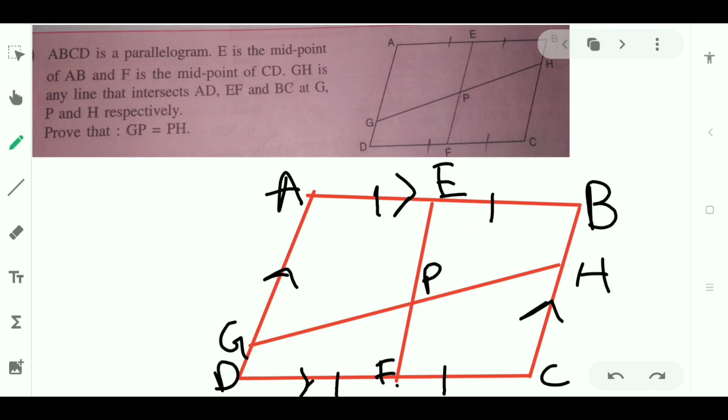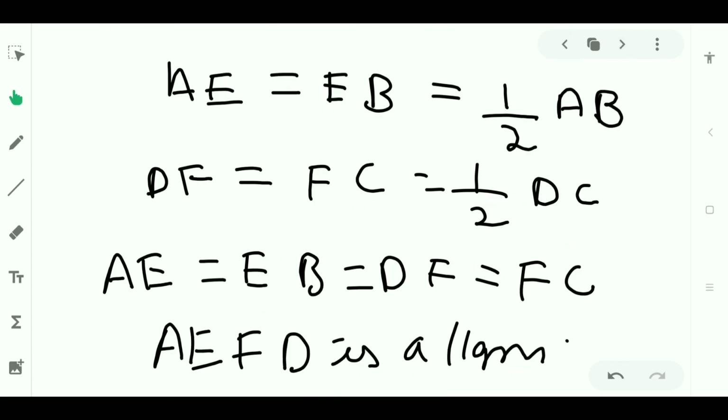So as it is a parallelogram, AD is parallel to EF, but AD is also parallel to BC. So AD is parallel to EF is parallel to BC.